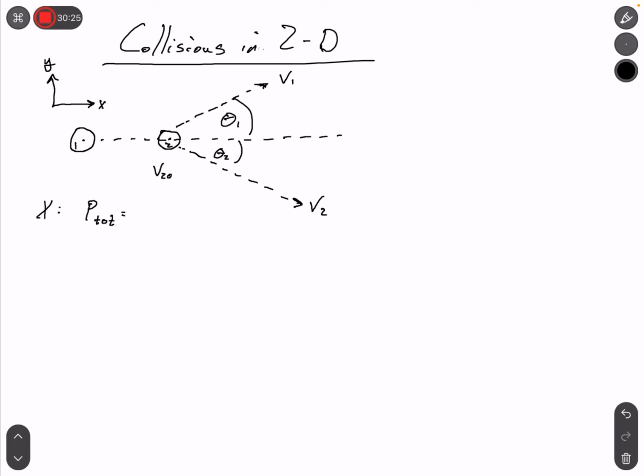So V2 initial equals 0. V1 initial equals V1 initial. We'll talk about what that is in a little bit. We can plug in a number. But our P total initially is totally in the x direction, and it's M1 V1 0. Okay?